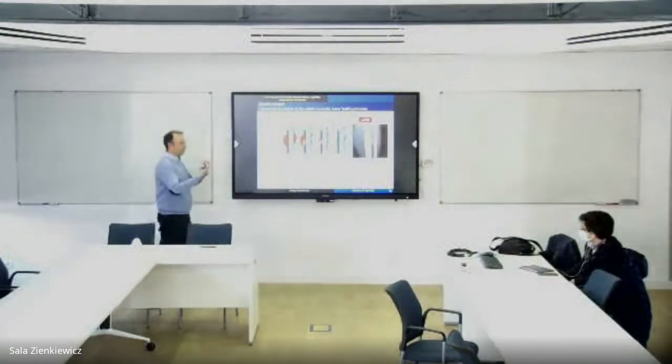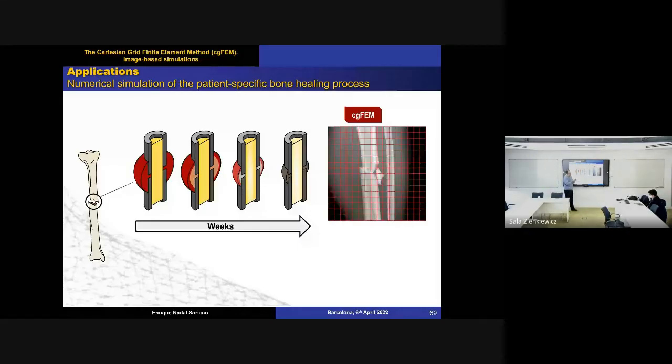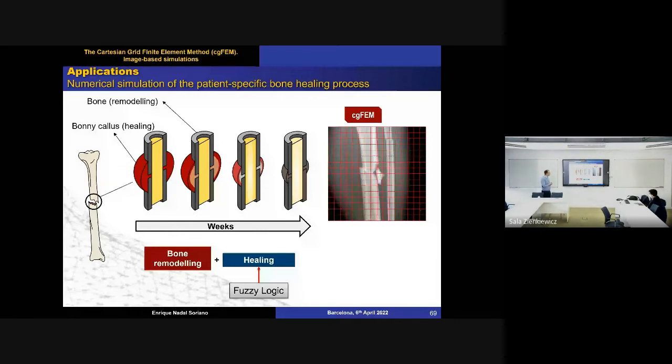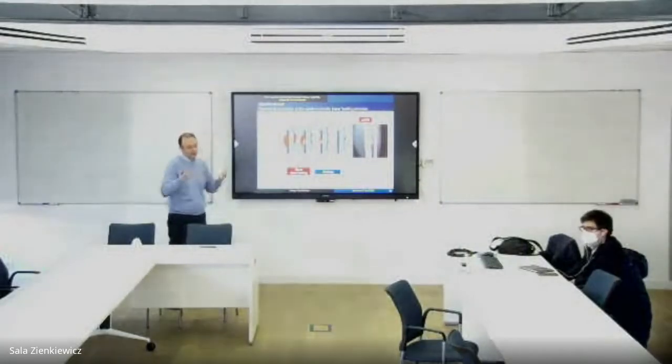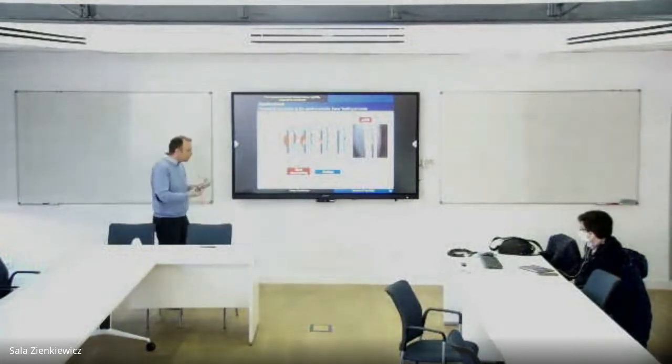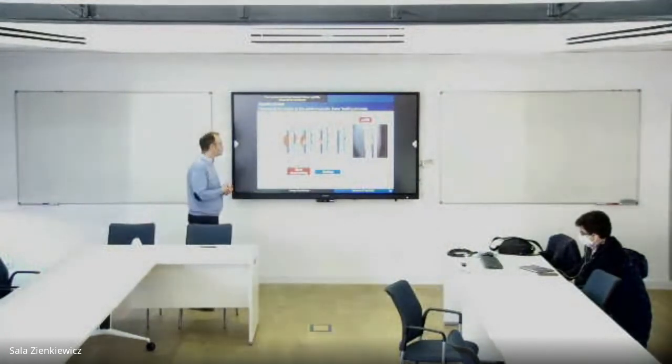All this will be run in the cgFEM, since it easily deals with CT scans. I already explained the bone remodeling process before, which will take place in the long term. Now, we also developed a healing simulation tool based on fuzzy logic, because most of the bibliography of the healing process is described by fuzzy logic, which is a kind of artificial intelligence that is adjusted to the physical observations, normally in sheep bones, not in human.